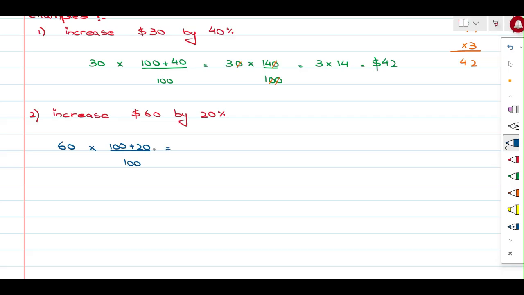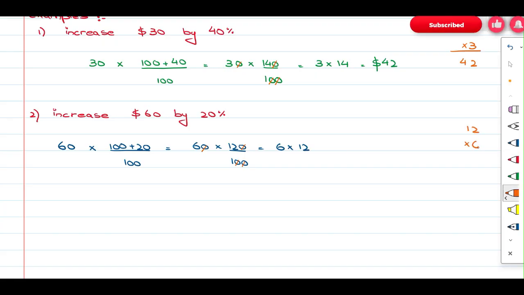That is your new value. So 60 multiply 120 divided by 100. Again, 0 goes with 0. 6 times 12 would be the simplified answer. So 6 times 12, let me do it.